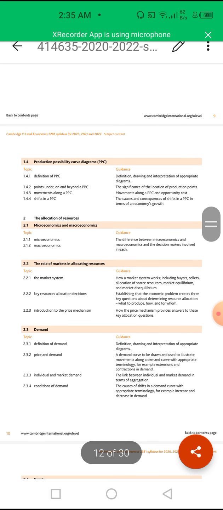Then allocation of resources: these are different resources, how we allocate them, and what the decision making in allocating the resources is. Then markets allocating resources, the role of market demand. Whatever the market demands, you will produce that thing, so ultimately your overall resources will be trickled toward that thing.